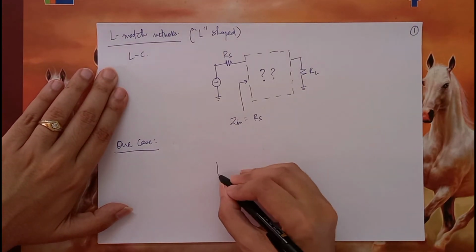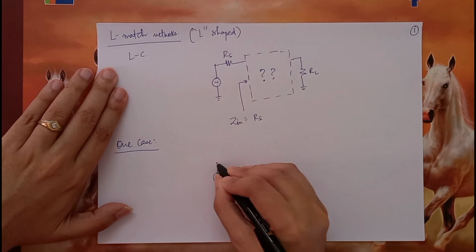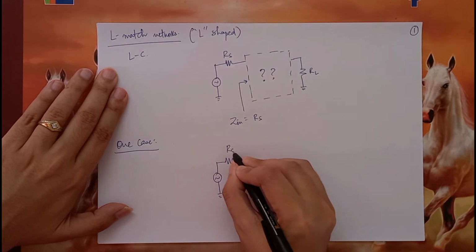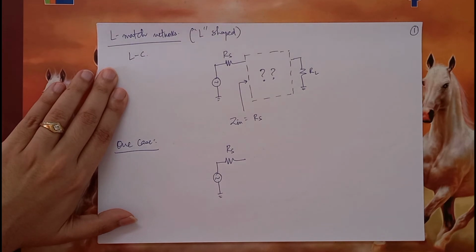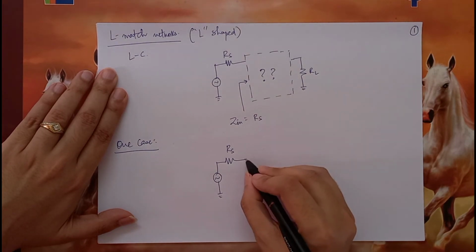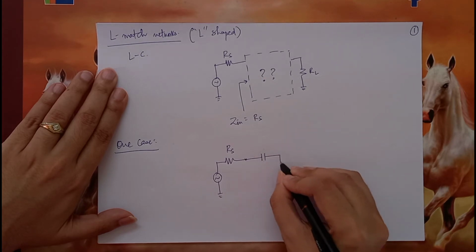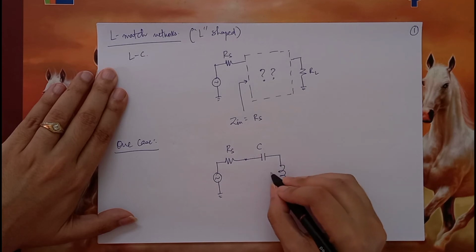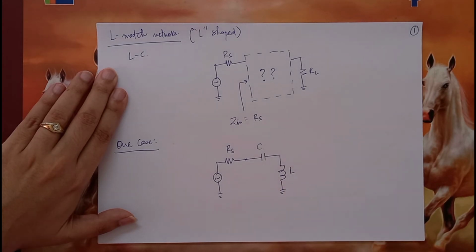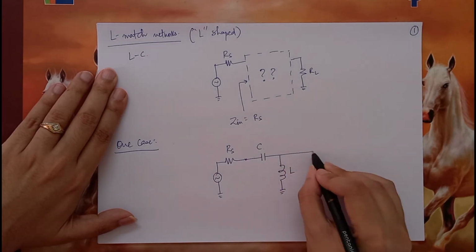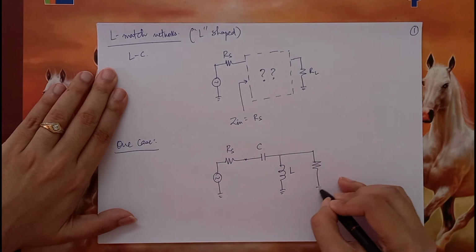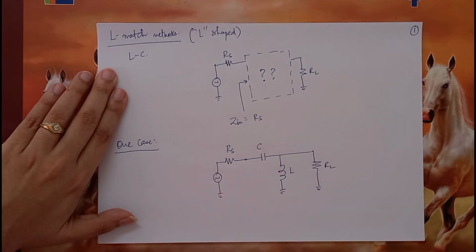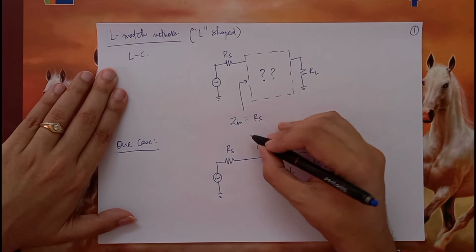Suppose I have the same source with this source impedance, and I decide to use this network, a series C and a parallel L, to match this load RL to the source. So effectively this is my transformer.